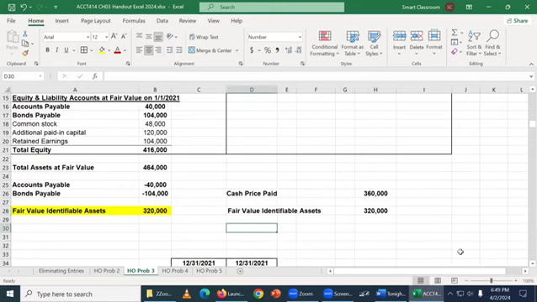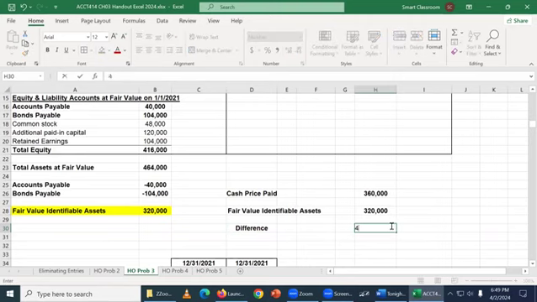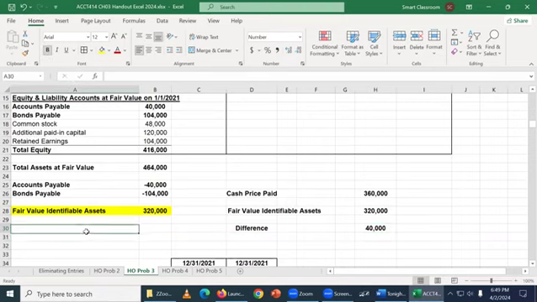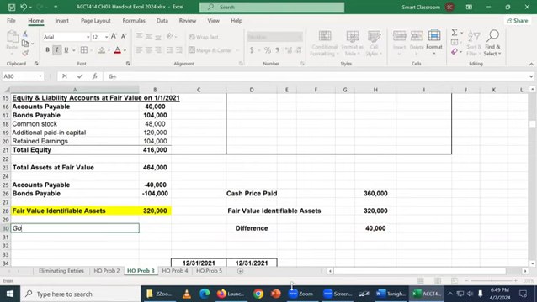And so this is gonna be our goodwill. Goodwill, sometimes called the unidentified asset.